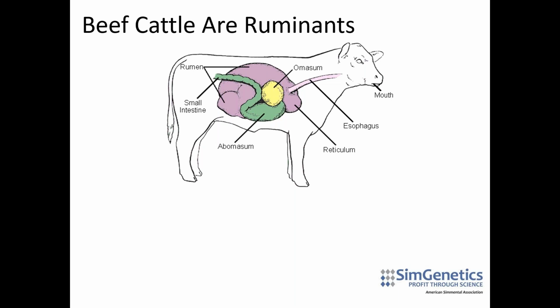The abomasum of a cow is just like a human's stomach or a pig's stomach, for example. But the big difference here is that those other three compartments are needed in order to process the feed into a form that can be further digested in the abomasum and then absorbed in the small intestine like a monogastric, or simple-stomached, animal would.